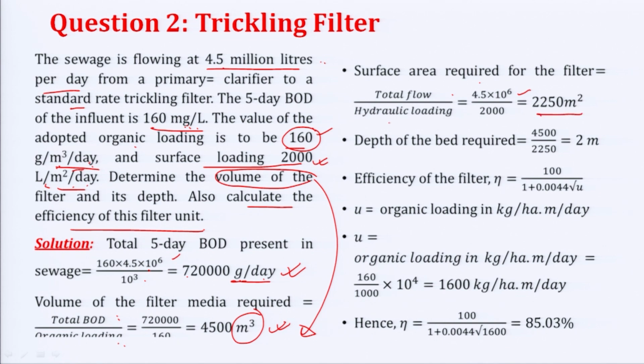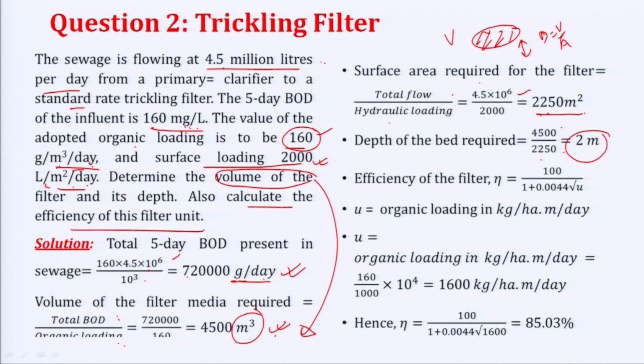Total flow by hydraulic loading, 4.5 into 10 to the power 6 divided by 2000, gives 2250 meter square. This is the surface area. So, you have the volume and the surface area, and you can get the depth. The depth of the bed required will be volume by area, 4500 by 2250. So, you have 2 meters.